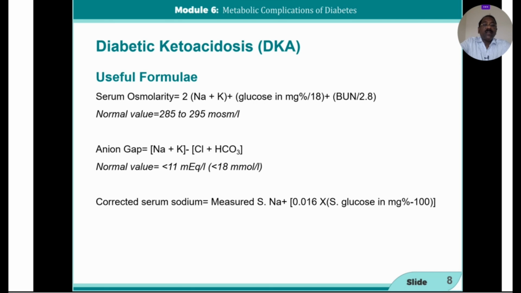The normal anion gap is less than 11 milliequivalents per liter. Corrected serum sodium is the measured serum sodium plus 0.016 into serum glucose in milligrams minus 100. So these are two very good formulas you should remember, the osmolality and the anion gap.